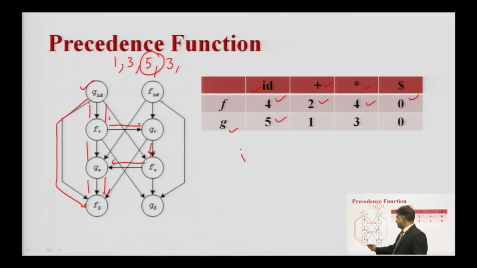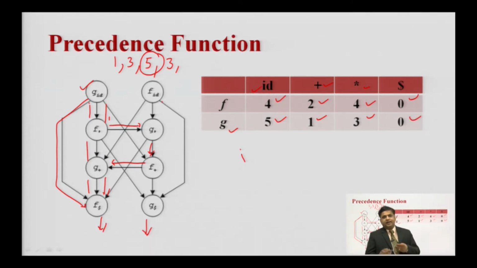F dollar has no edge going outward. Similarly, G dollar also has no edge going outward. If from any node no edge goes outward, that means its longest path is 0. Similarly, the longest path from G plus is 1, G star is 3 and G dollar is again 0.